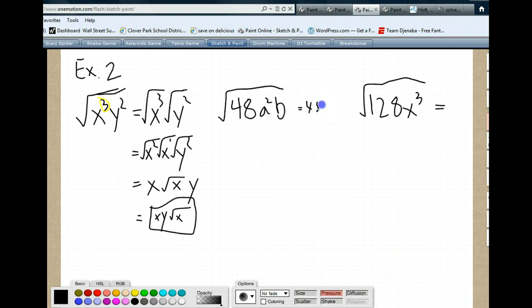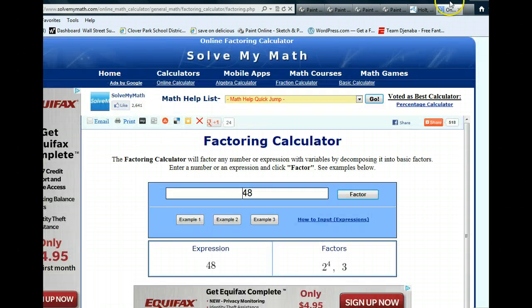So 48, a squared, okay. So let's check back over to what they said 48 is going to be factored to, and it says 2 to the 4th and 3.